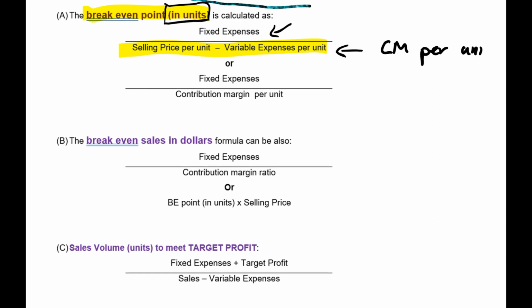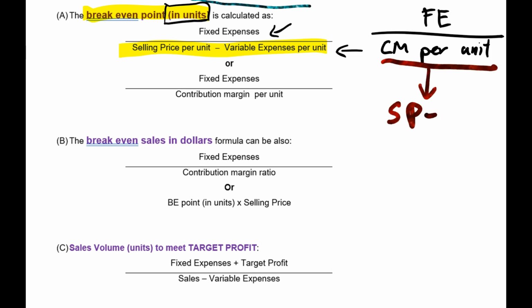So the formula is very simple: fixed expenses divided by contribution margin per unit, where contribution margin per unit equals selling price minus variable expense.